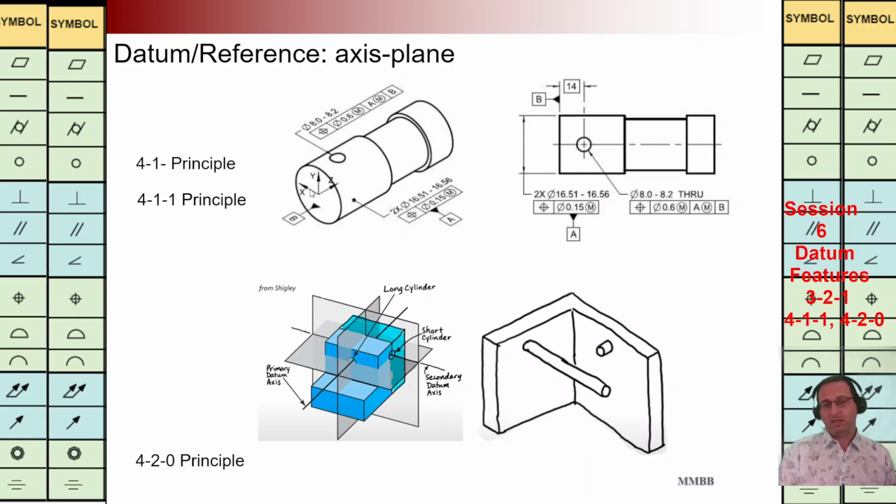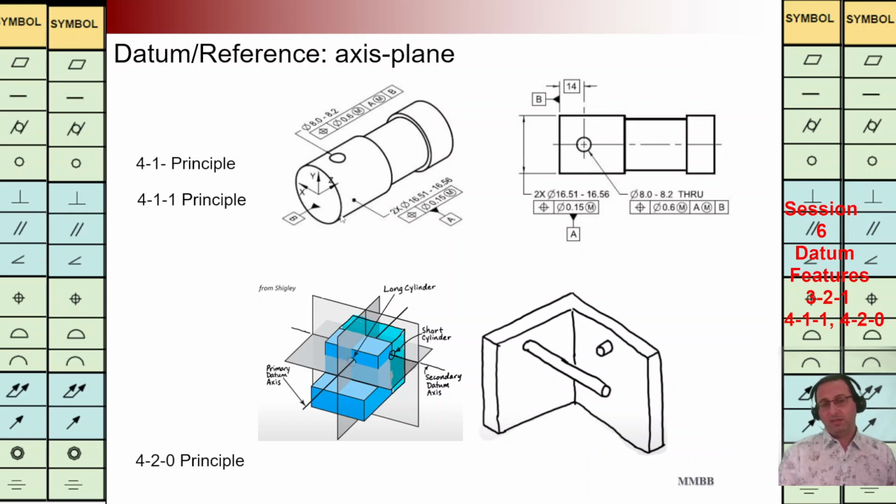It is XY plane in this example, as we can see. What happened? At the beginning, we have defined the axis of this part of pin as a primary datum plane. We are going to eliminate 4 degrees of freedom. It can move along z-axis, and also it can rotate around z-axis here.